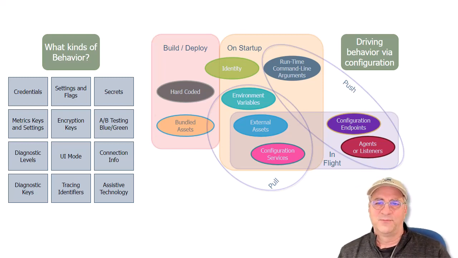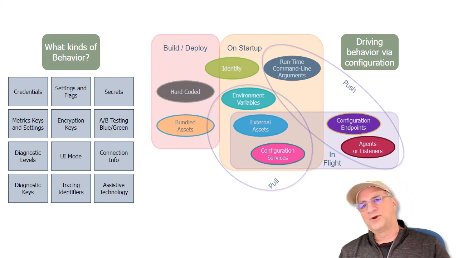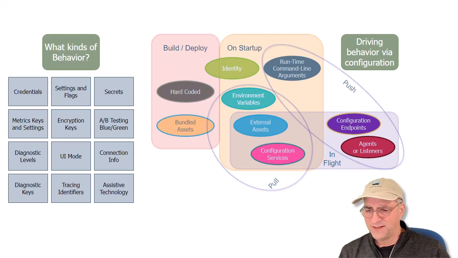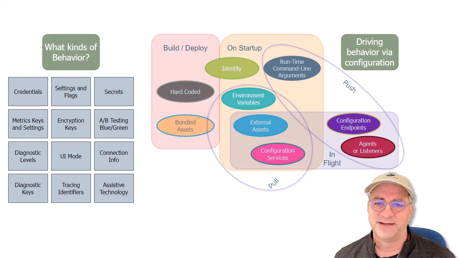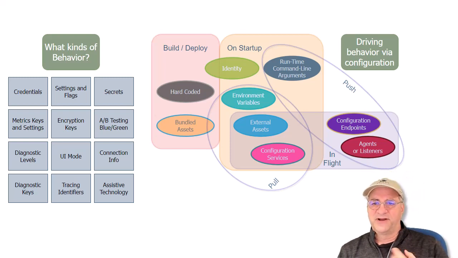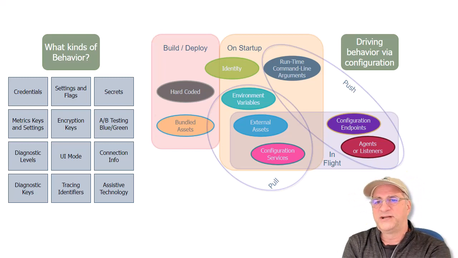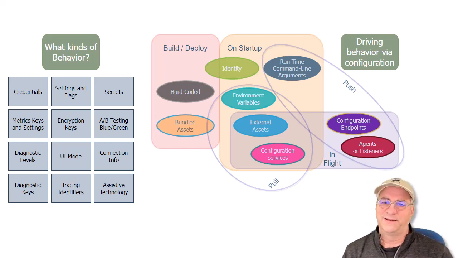Once it's running, though, if we're not going to do pull, we're in flight and we want to change something, then you have to have a way to send a message or data to that running process. A lot of times you could have ephemeral compute: a bunch of functions that expire after 5 minutes of runtime. Every time they restart, I don't have to do in-flight, I can just do it on startup. But if I have longer running processes where I need to make changes, the obvious one is an API endpoint.